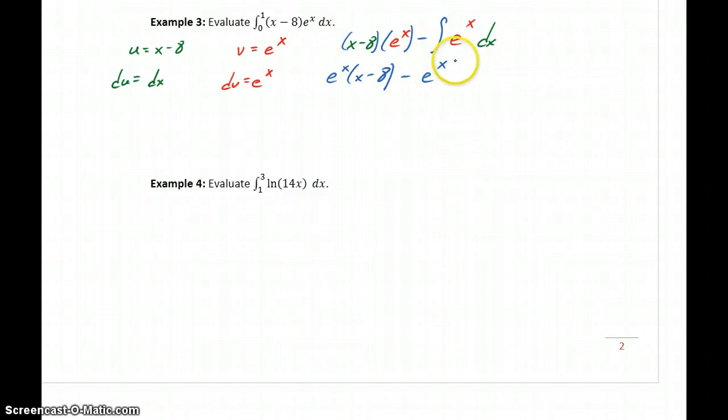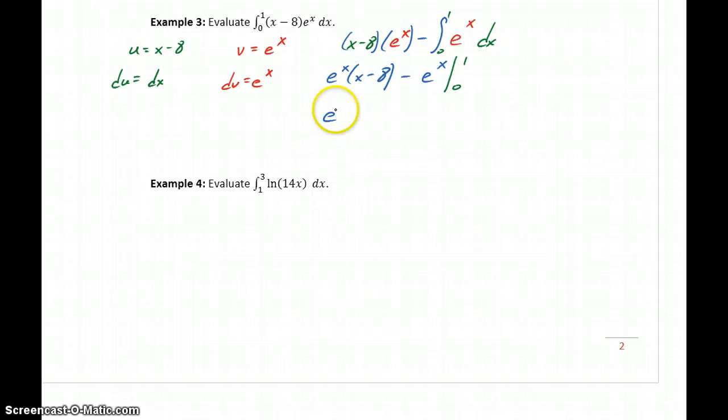But since we're dealing with a definite integral, we were evaluating that from 0 to 1. Now we want to evaluate this entire expression from 0 to 1. So we'll substitute the 0 and the 1 in for the e to the x, the part that we integrated, as well as that u times v portion.